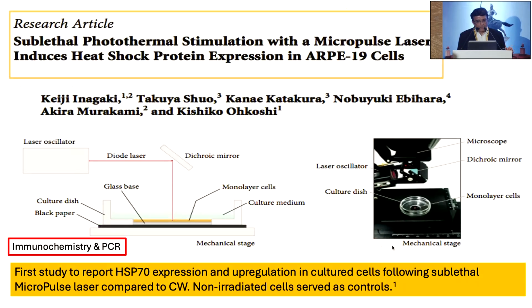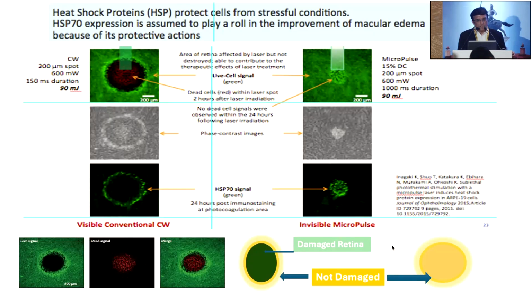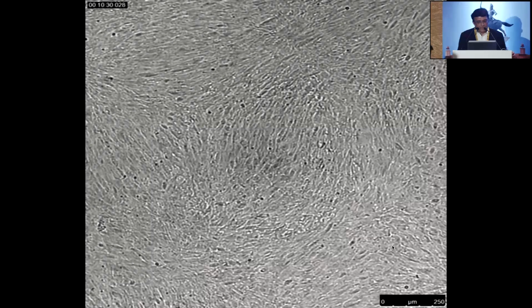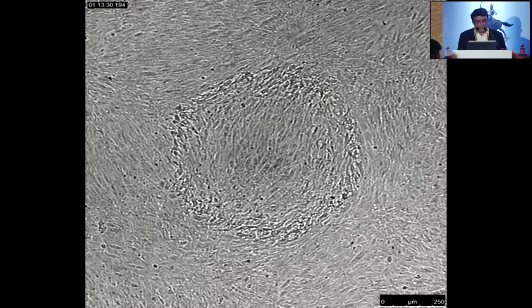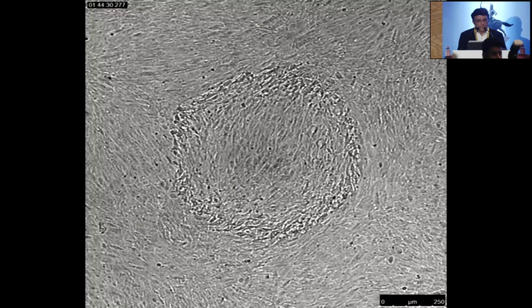So that is what micropulse laser is all about. And people invariably said, what is micropulse laser doing? I can't see anything. So there was a beautiful experiment done in Japan on immunohistochemistry where they showed that with micropulse laser, you will see here the micropulse laser getting activated, and you can see the ring being formed. This is for the heat shock protein.